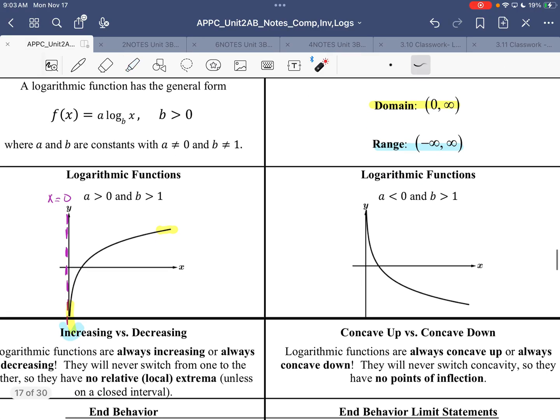If a is positive, then it's going to kind of look like a square root graph with a tail. And if a is negative, that means it's reflecting about the x-axis.